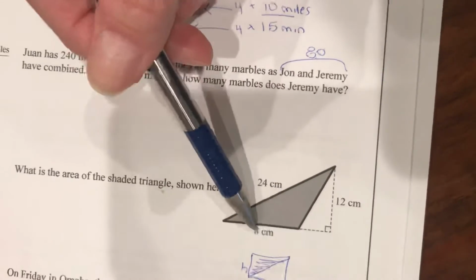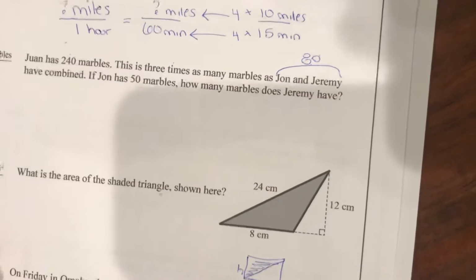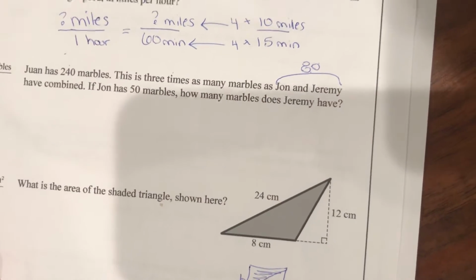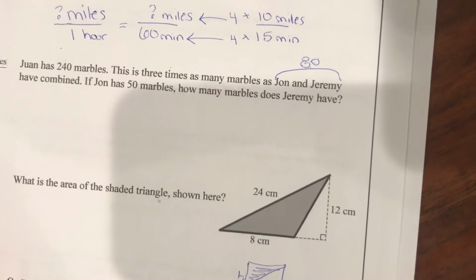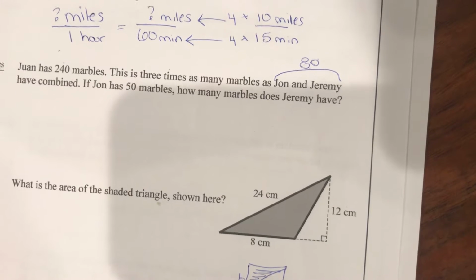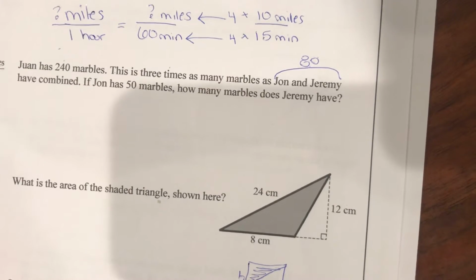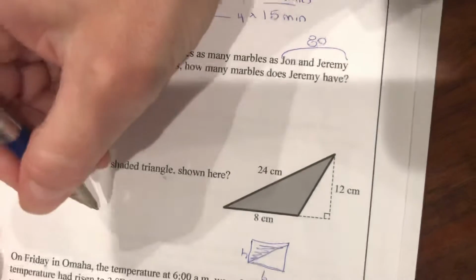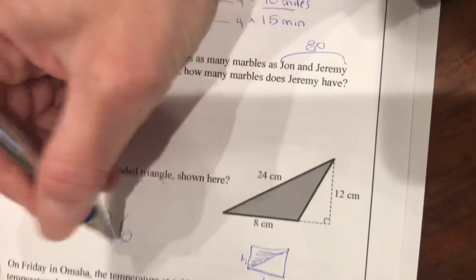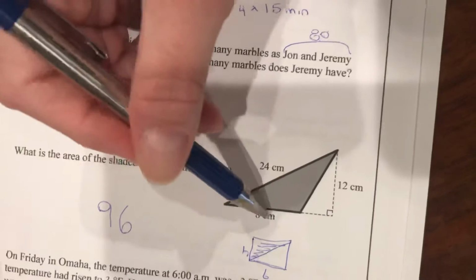Okay, so we're going to do 8 times 12, and you get what? 96. Good. He did that. I almost had to help him out. Okay, 96. And then we'd have to label it.